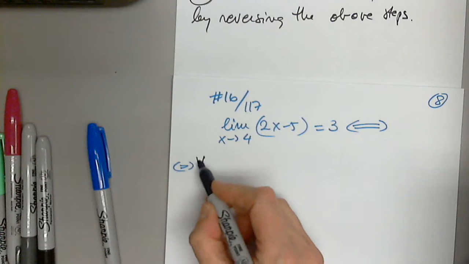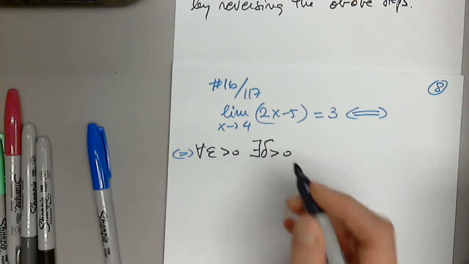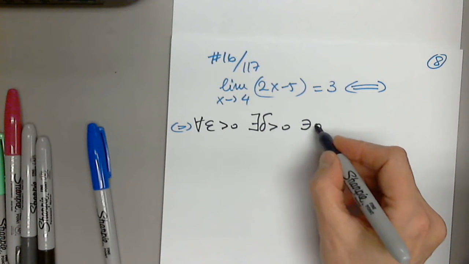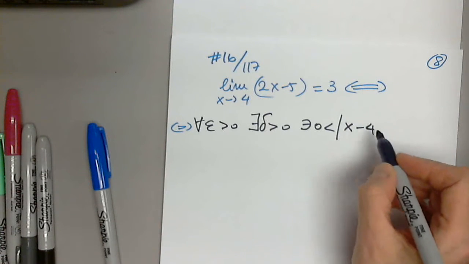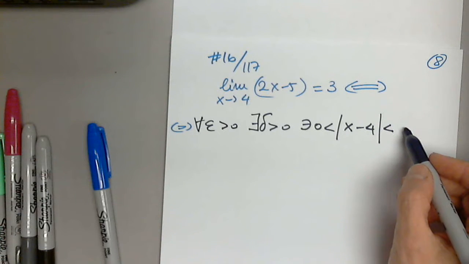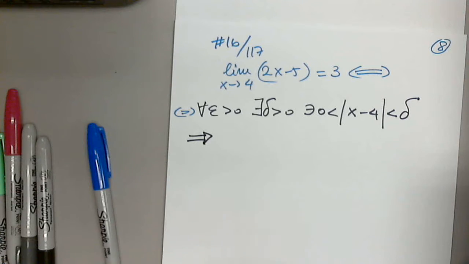For every epsilon greater than 0, we will find, or there exists, a corresponding delta, such that every time we pick a number x with absolute value of x minus 4 less than delta, this will always imply, will guarantee, that the distance between 2x minus 5 and 3 is less than epsilon.